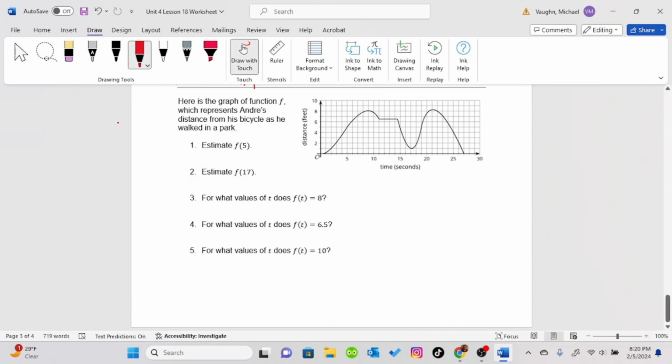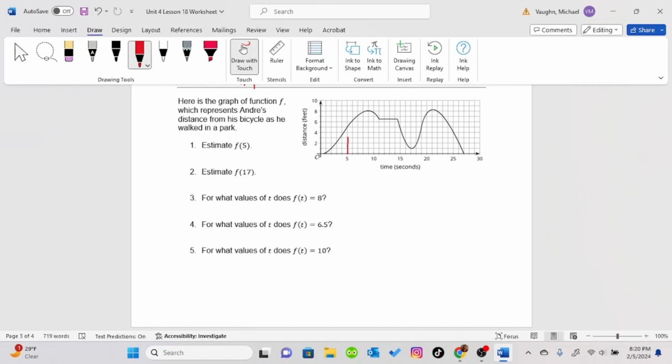And our last practice problem, here is the graph of function f, which represents Andre's distance from his bicycle as he walked in the park. Number 1, estimate f of 5. The number in parentheses is our input. So we go over to x equals 5.